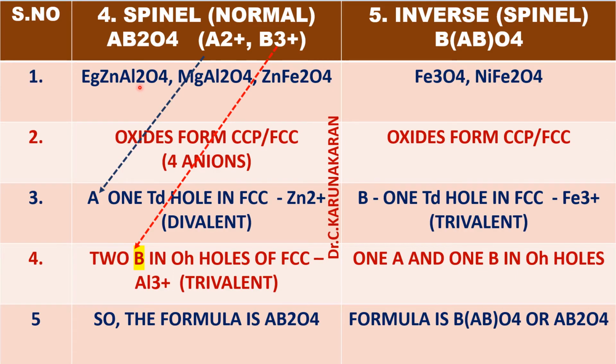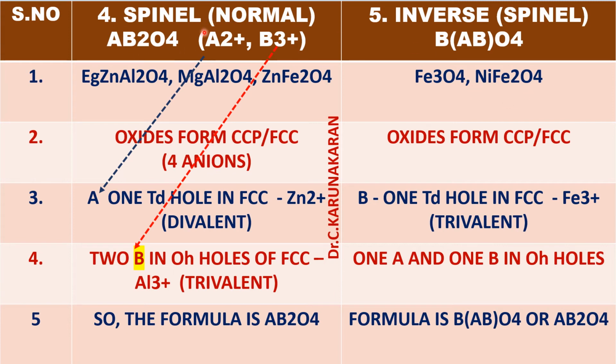Another important type is spinel. There are 2 types of spinel crystal structures: normal spinel and inverse spinel. What are normal spinel and inverse spinel? We will see examples: ZnAl2O4, MgAl2O4, ZnFe2O4, and Fe3O4 magnetic oxide, NiFe2O4.